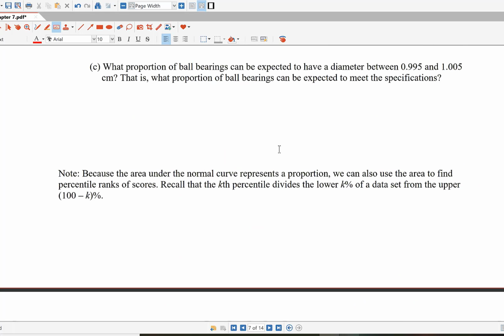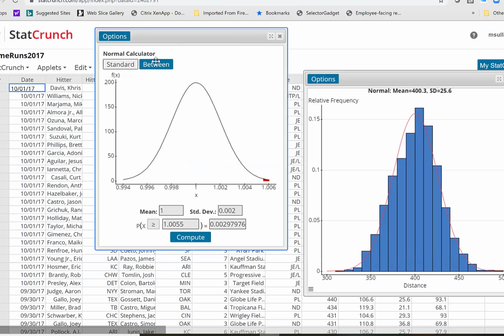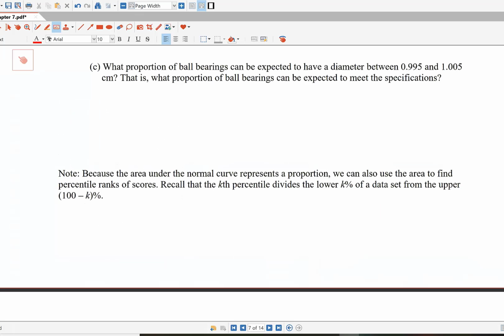Letter C said, what proportion of the ball bearings can be expected to have a diameter between 0.995 and 1.005? That is, what proportion will meet specifications. Let me draw the model just so you can see what we're trying to accomplish here.